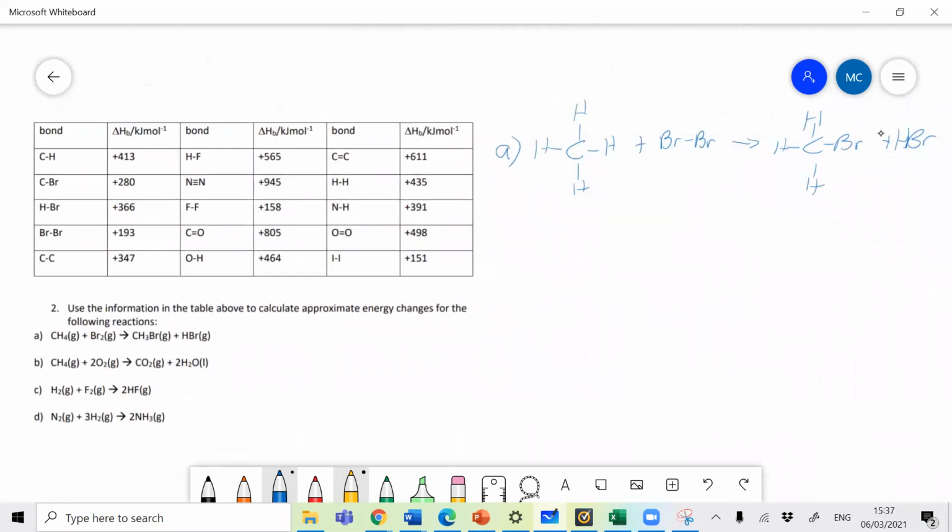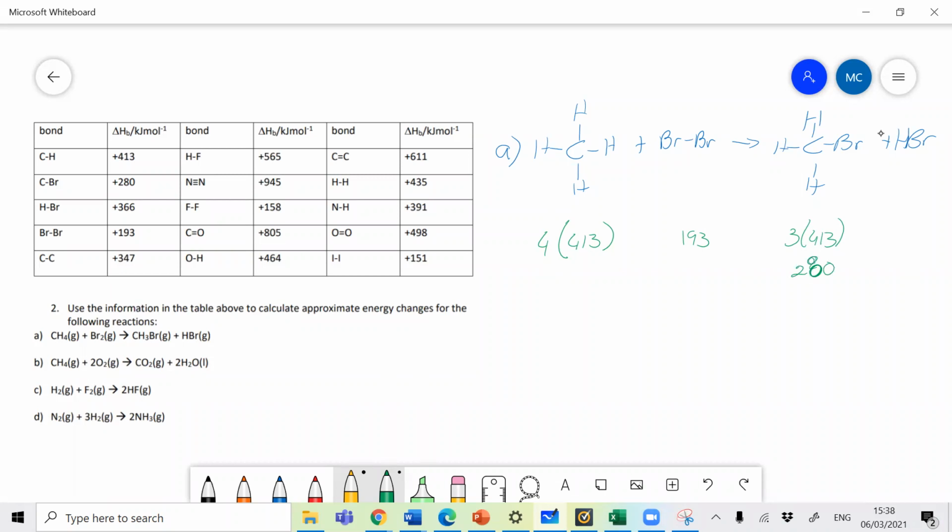Okay, so there are two ways how to do it. First, we're gonna do it by breaking all the bonds. So you have 4 carbon-hydrogen bonds, which are gonna be 4 times 413. We are gonna break one Br-Br bond, and then we're gonna make 3 carbon-hydrogen bonds and 1 carbon-bromine bond.